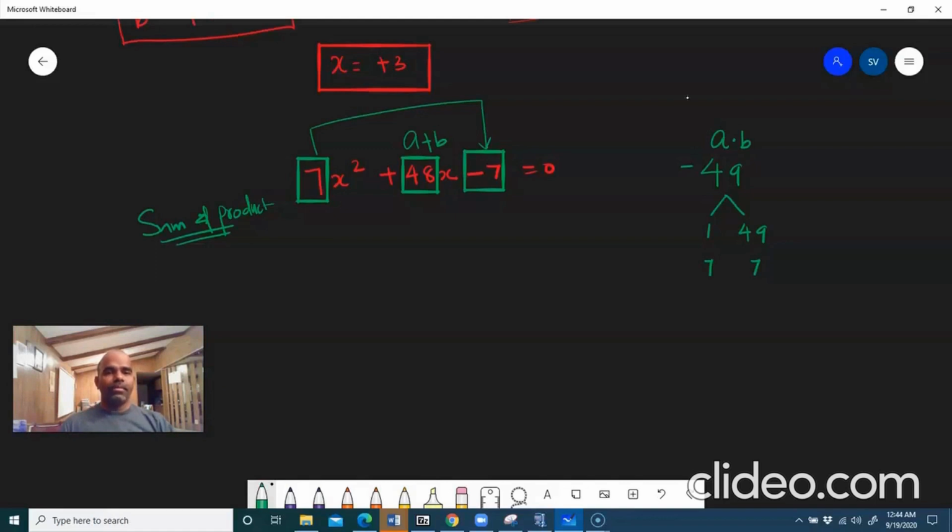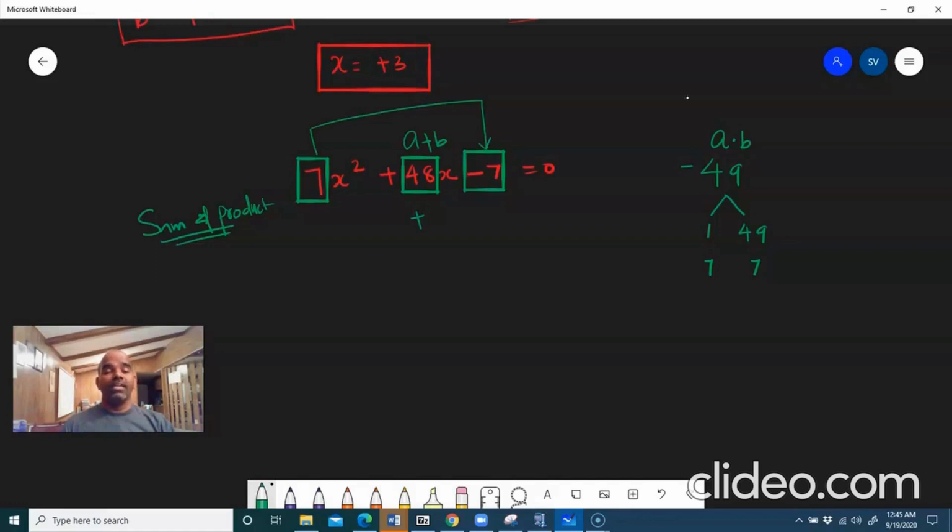Okay, then which conditions do we need to consider? What is the sign of this middle term? The sum. Sum is positive. Okay, sum is positive and the product is negative. Interesting. When we have a negative answer for a product, it happens only when one of those numbers is negative.